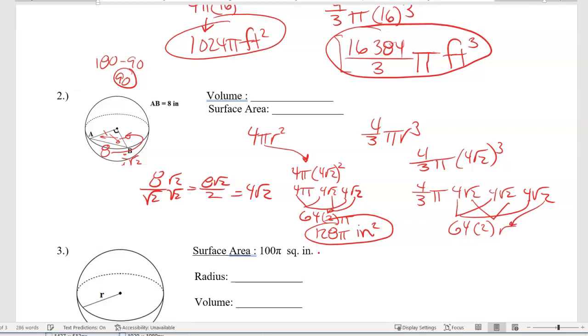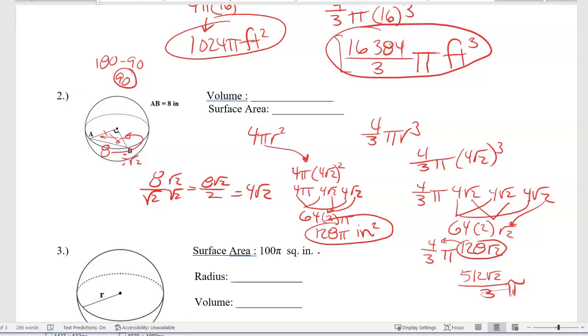And then we have that one leftover rad 2. So it gives me 128 rad 2 times 4/3 pi. And remember, we can just multiply by 4. So 128 times 4 is 512. 512 rad 2 over 3 pi.